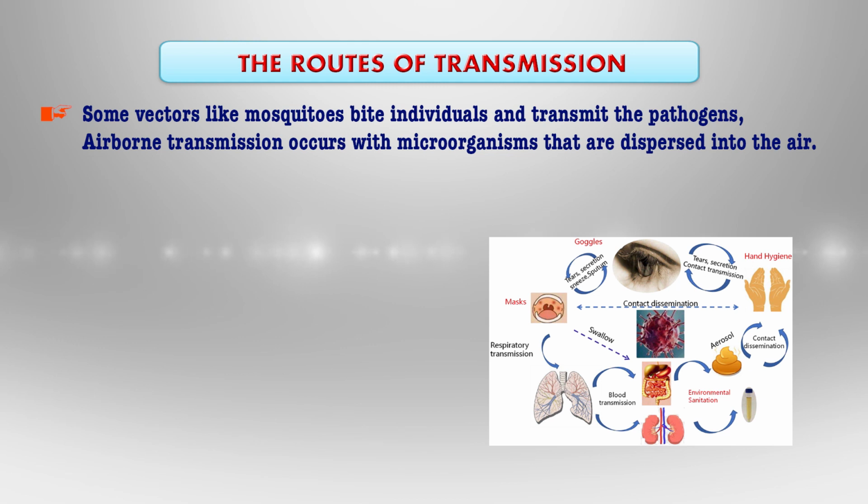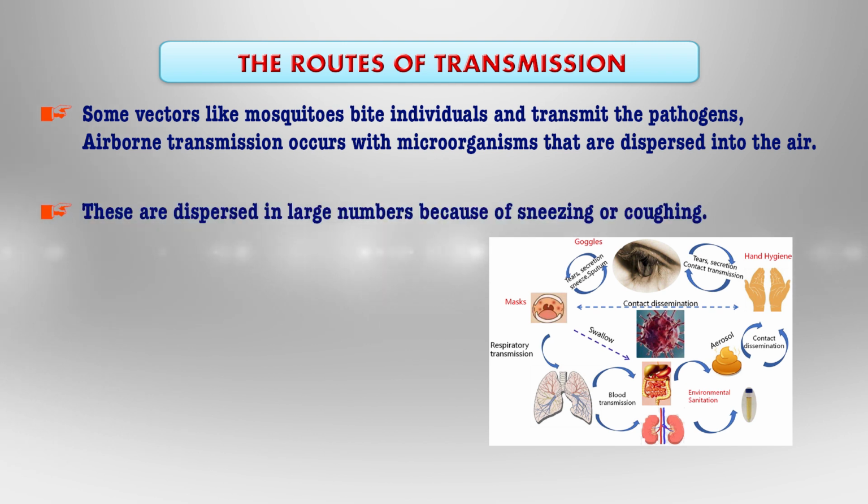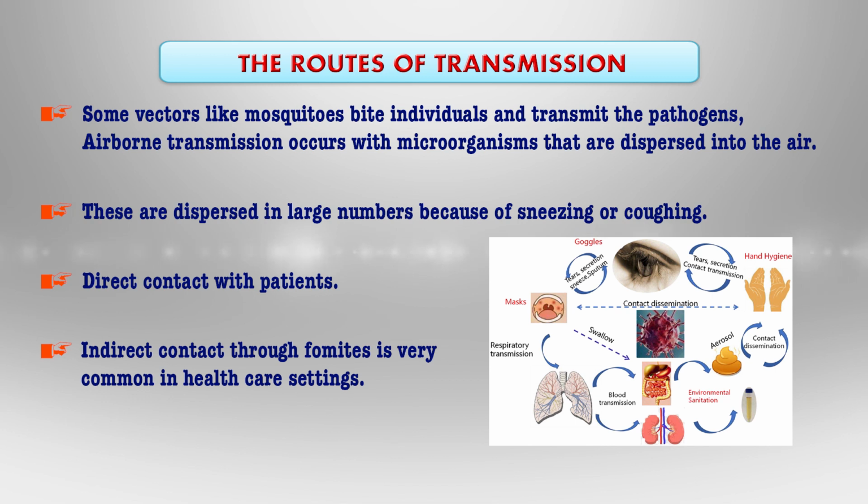Some vectors, like mosquitoes, can bite an individual and then transmit the pathogen. In the same way, airborne transmission can occur with microorganisms that are dispersed into the air in large numbers because of sneezing or coughing. Direct contact with patients is also one factor. Indirect contact through fomites is also very common in healthcare settings.